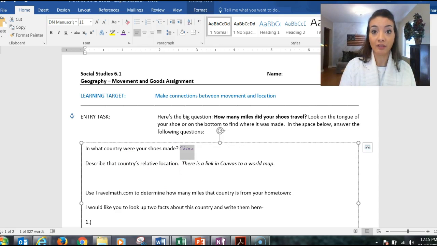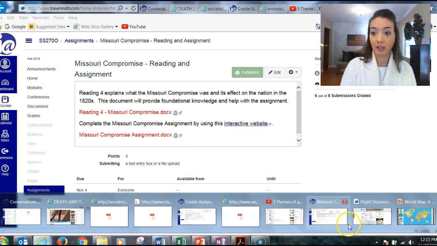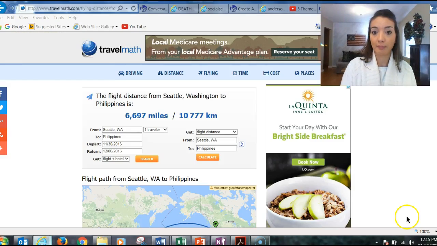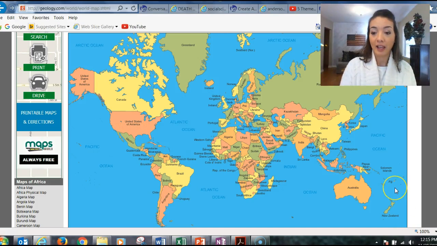So in Canvas, there's a link for a world map that has all the countries labeled on it. And I've got that pulled up right here. So I'm going to go all the way to my world map, okay? And find China. Can anybody see it?